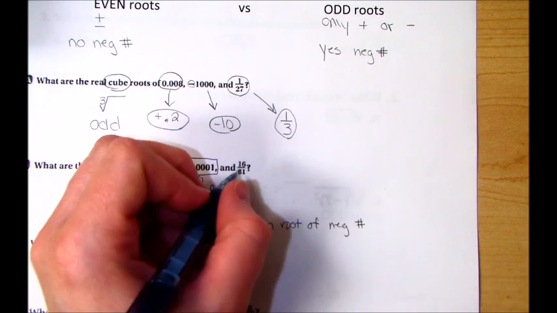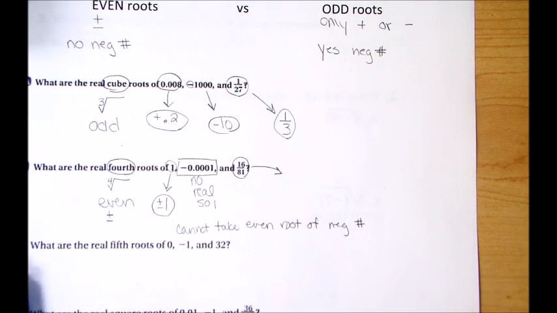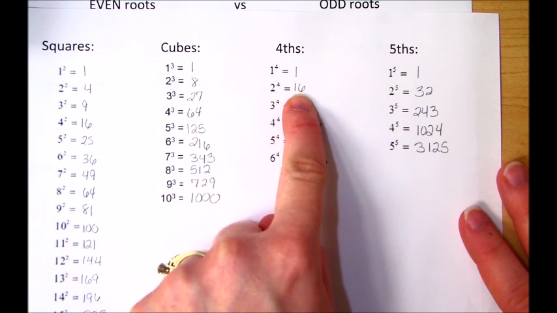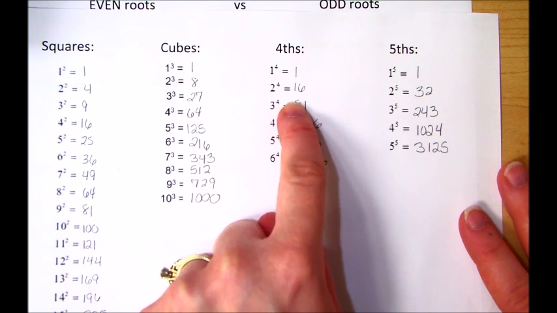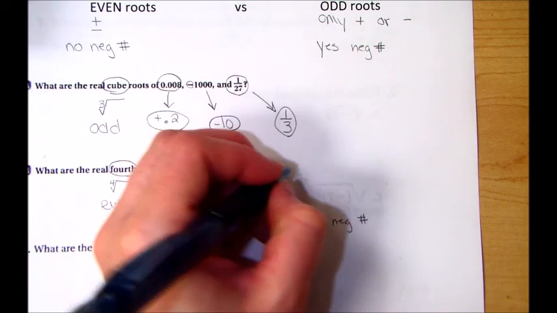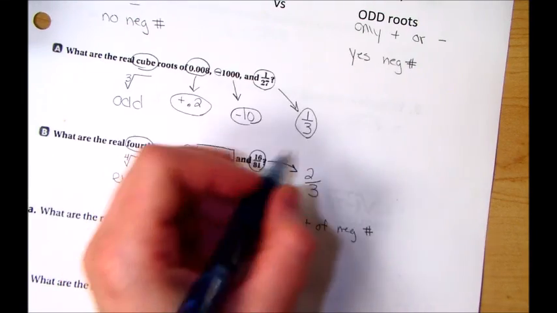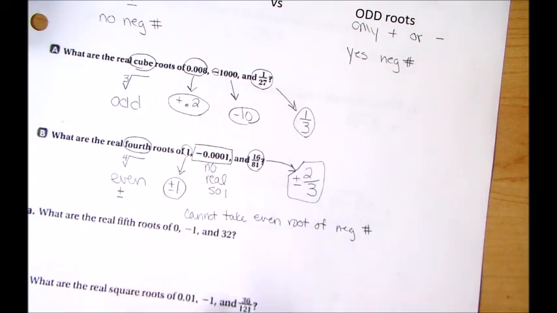All right, let's do the last one, 16/81. So I'm going to look at my fourth list, and here's my fourth. 16 is going to give me a 2, 81 will give me a 3. So 16/81 becomes 2/3. Because it's even and it was positive, both a positive and a negative 2/3 are my answers.